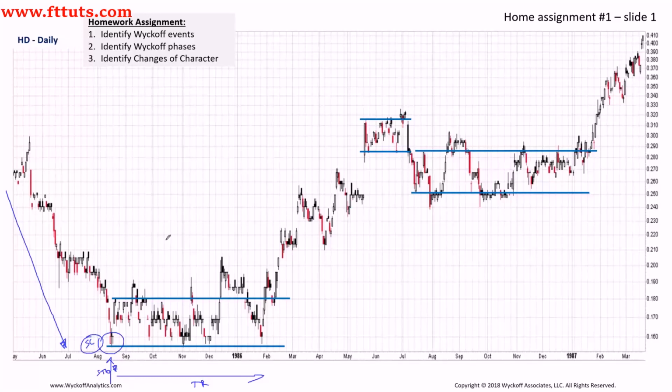Are there characteristics of the selling climax that we could identify here to confirm that indeed this was a selling climax? The range of the price bars, in other words, the spread, is wide, and there are multiple such bars, which essentially indicates to me the momentum to the downside.